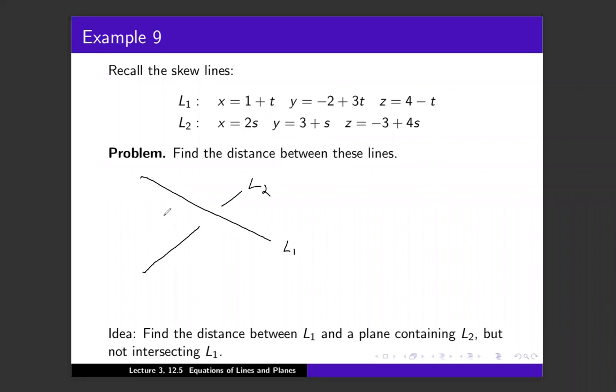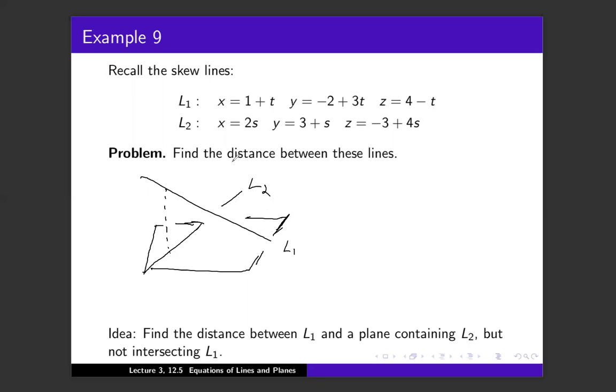The trick basically is to find the distance between these by finding a plane. So here's the distance between them that we're interested in, assuming that's the minimal distance. The trick is to find a plane that contains L2 but doesn't contain the line L1 and never actually intersects it.